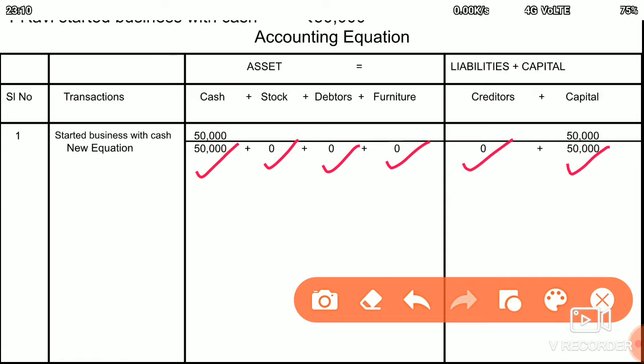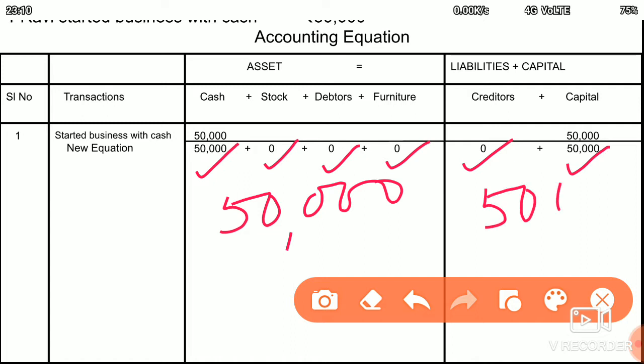Before we go for the next transaction, we check the total of the assets. That means we will add all the assets. Since the other assets are not affected, we can see that only cash is 50,000. So if we add all the assets, it's 50,000. Then towards the liability side, if we add everything, we will get 50,000 here also.